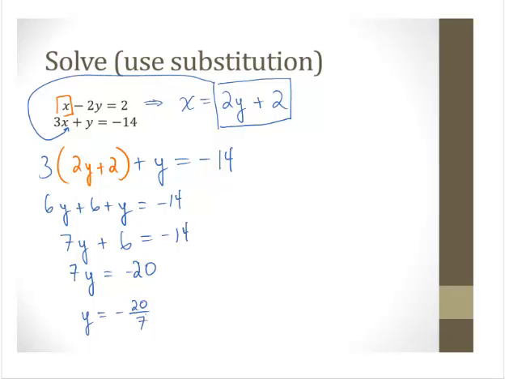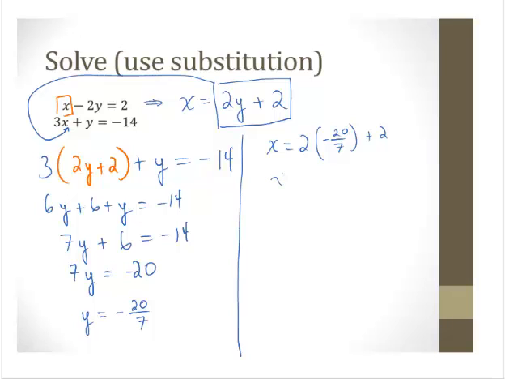So now that we have the y value, we need to substitute back and solve for the x value. Well, recall that earlier we said that x was equal to 2y plus 2. So then the x value would equal 2 times the y value, negative 20/7, plus 2.